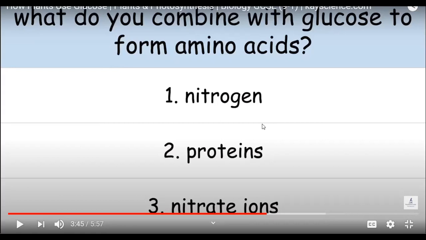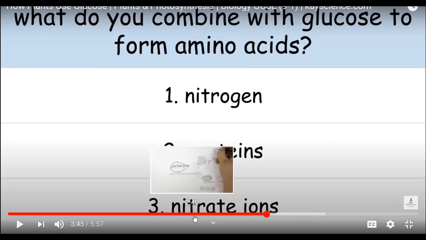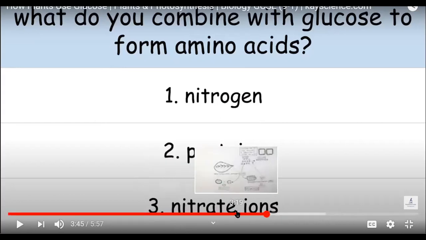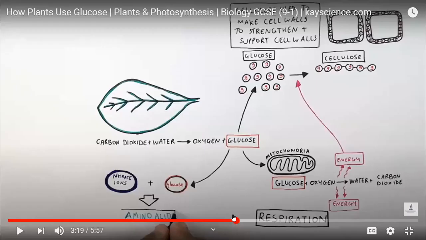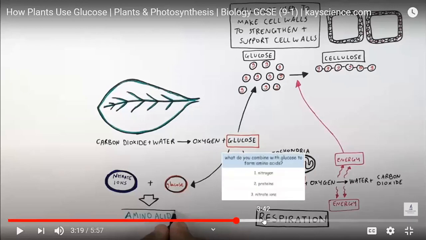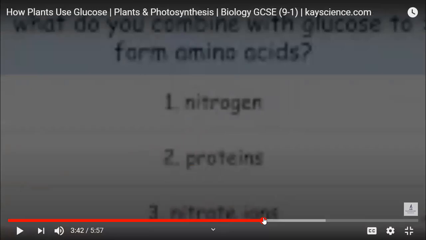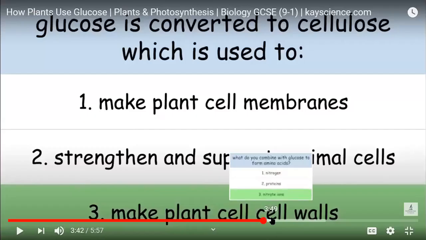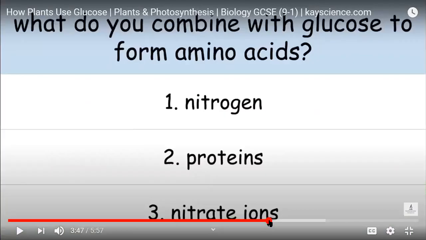You add something else. No, Waleed, that is right. Now you're correct. Look at this part of the video. This is 345. Glucose is combining with what to make amino acids? So let's go back to 345. It's the nitrate ions.